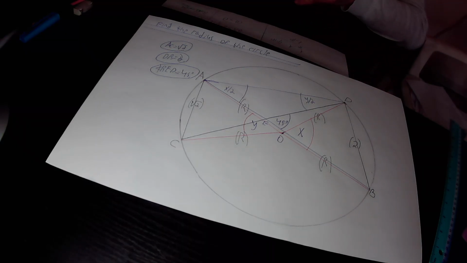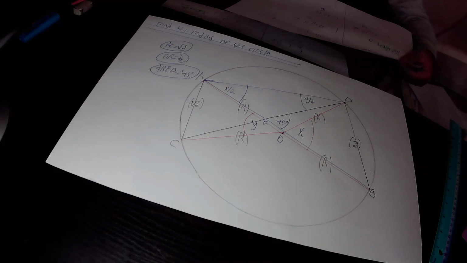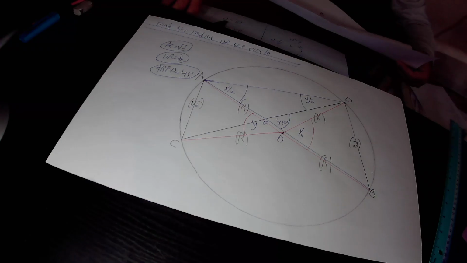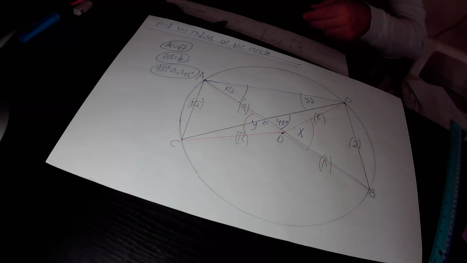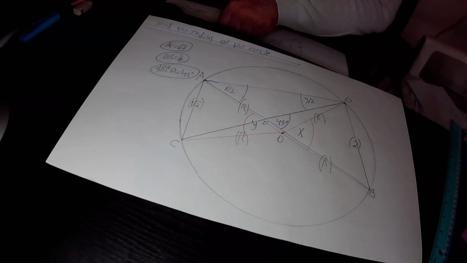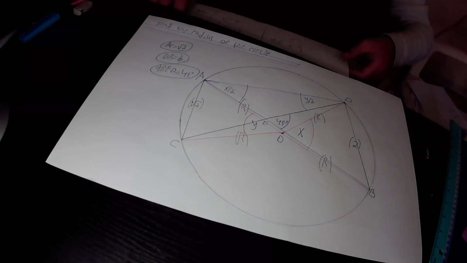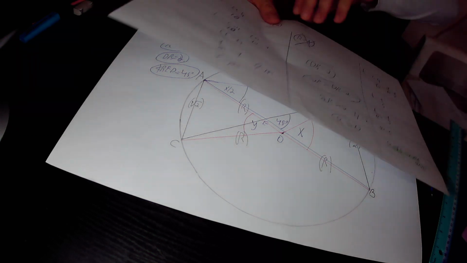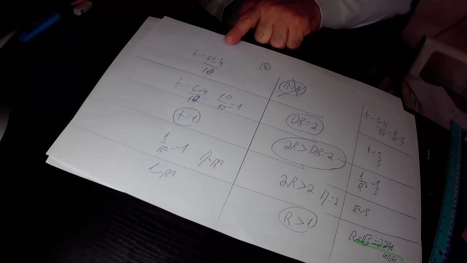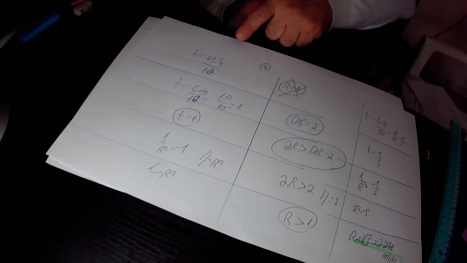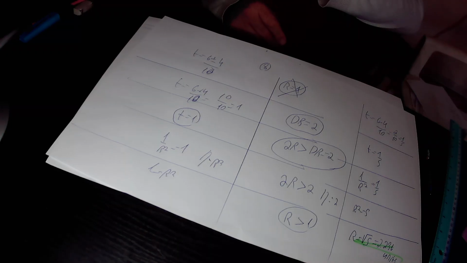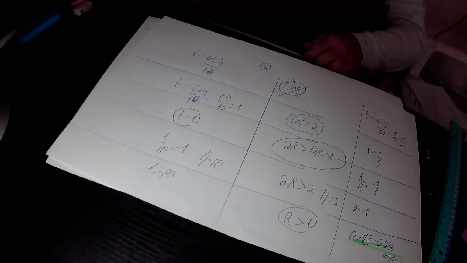So t equals 6 plus or minus 4, divided by 10. Here we have two possible solutions for t.